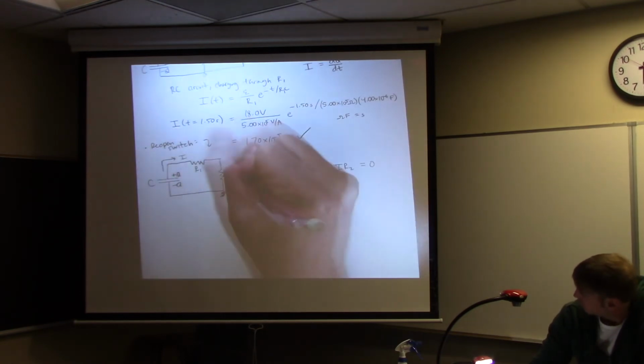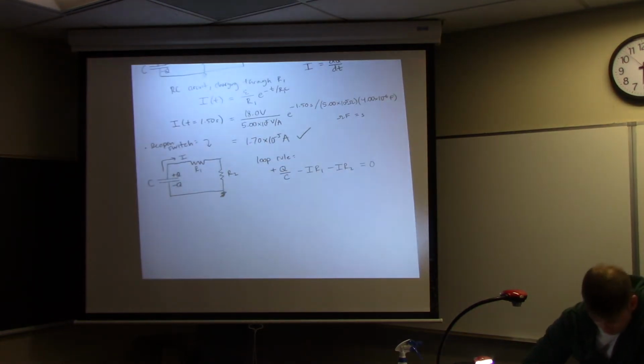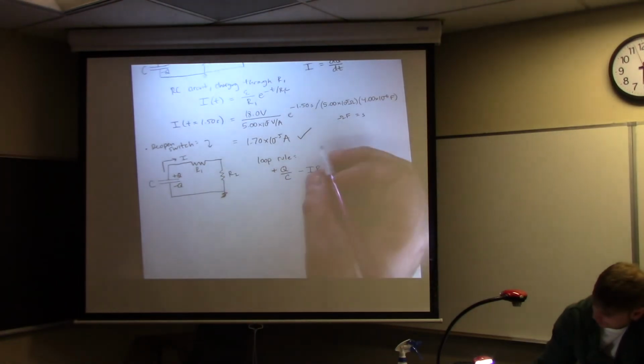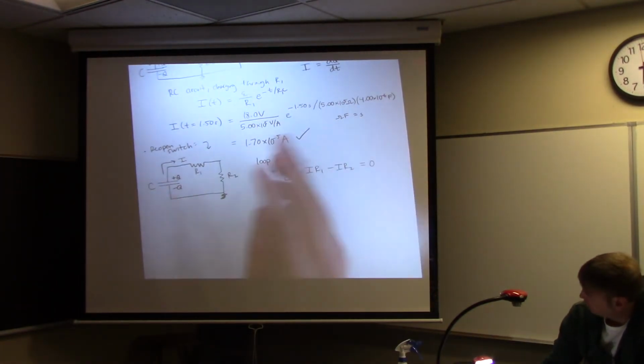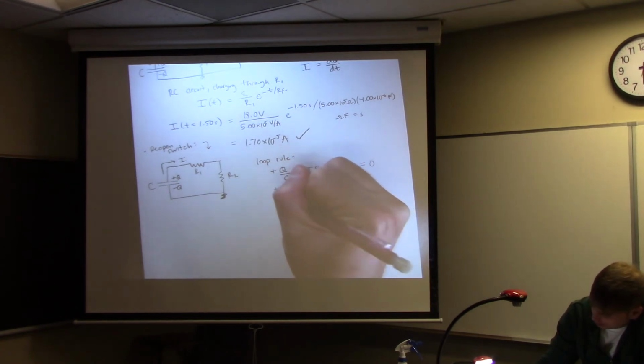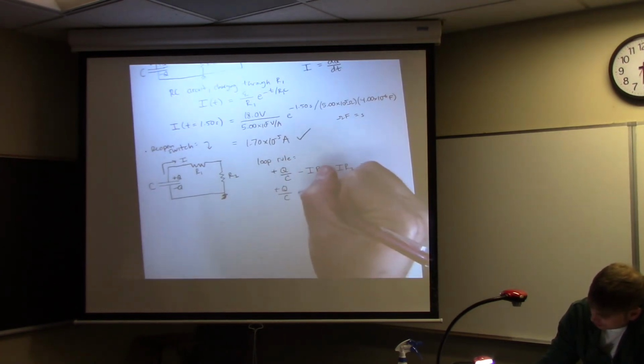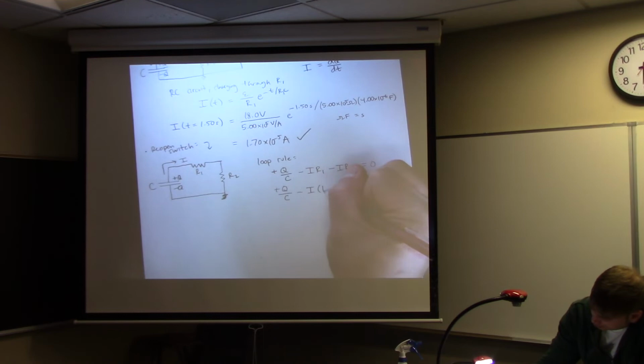Same current, just one continuous loop, equals 0. Okay, so actually you can join these two resistance terms together. We have Q divided by C minus I times (R1 plus R2) equals 0.